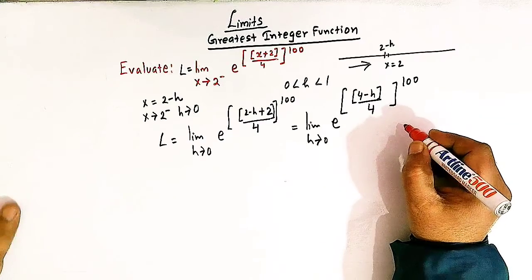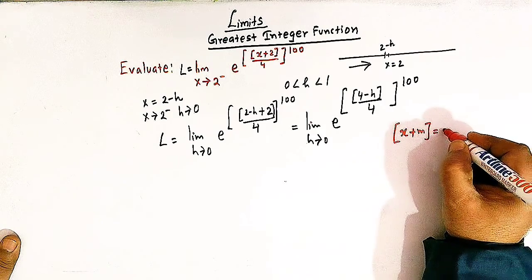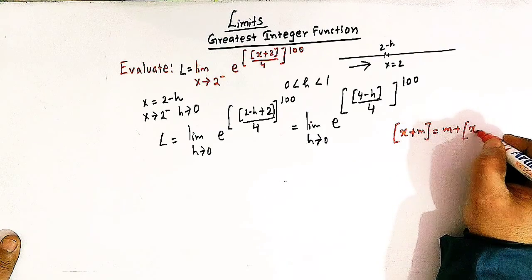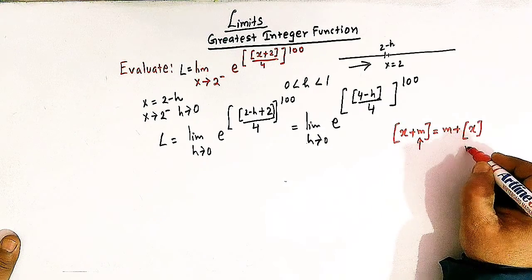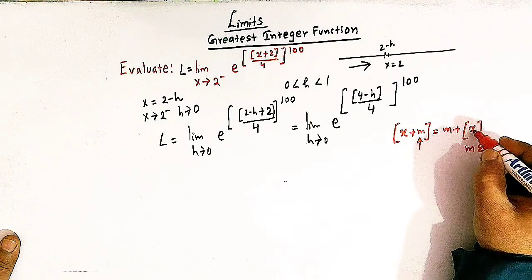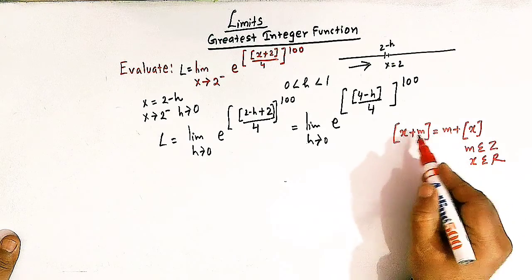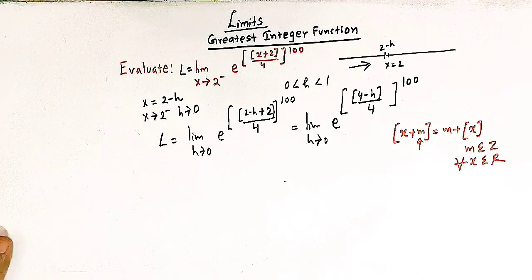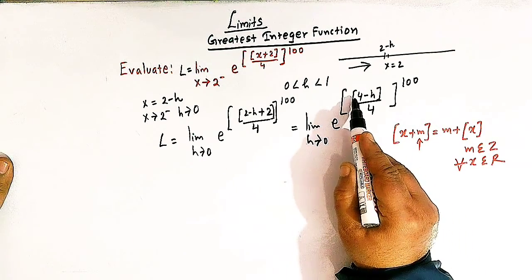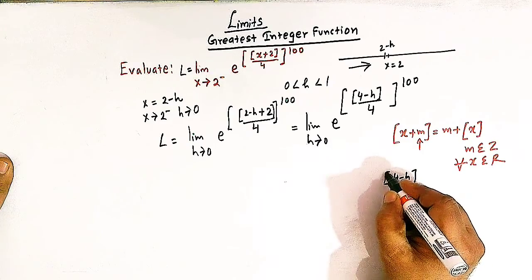The first property is greatest integer of x plus m is equal to m plus greatest integer of x, where m belongs to the set of integers, and x is a real number, for all x belonging to the set of real numbers.